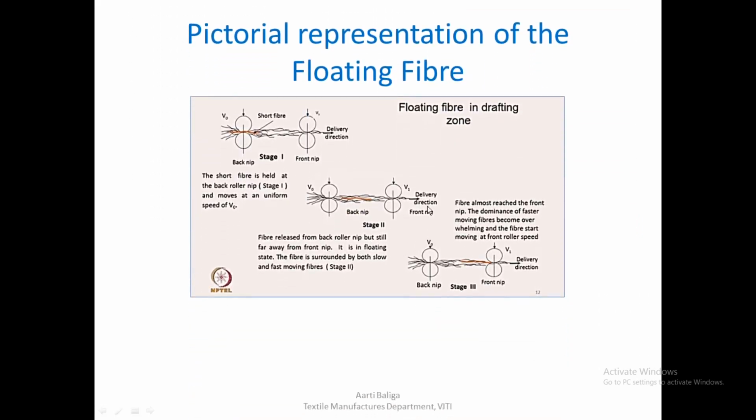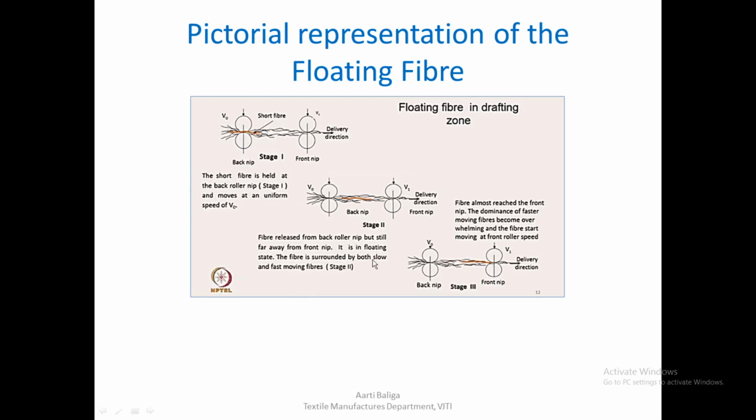So let us look at the pictorial representation of the floating fiber. Here at stage 1, what we see is a short fiber, which is the orange fiber shown here. It is in the nip of the back roller, and it will move at the speed V2. As you go to stage 2, it will be released by the back roller nip, but it is still far away from the front roller nip and it is in a floating state.